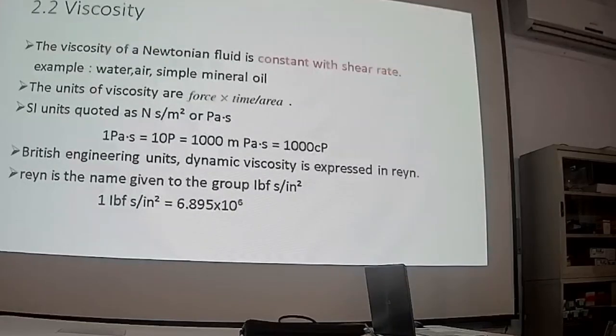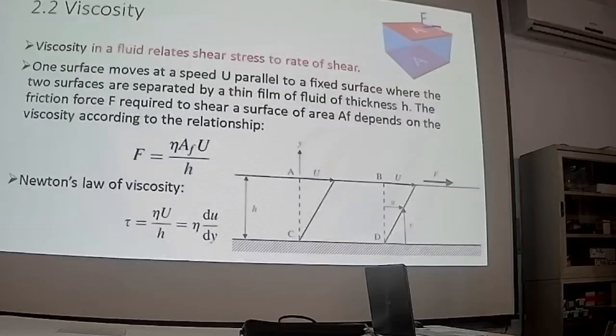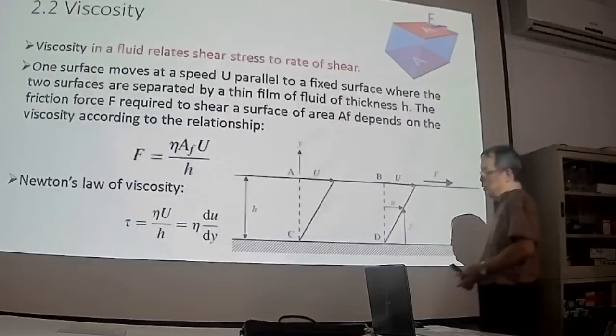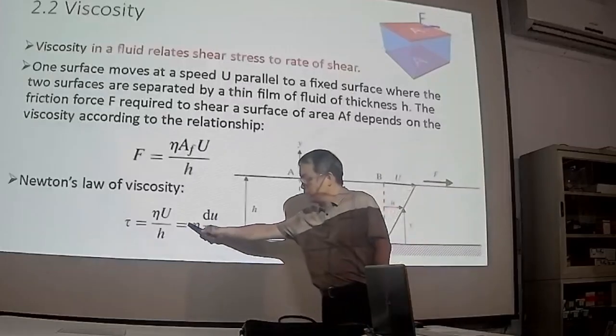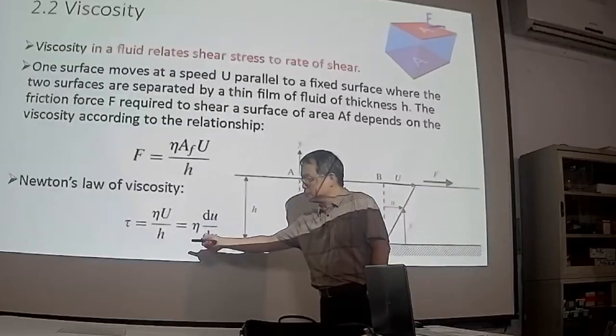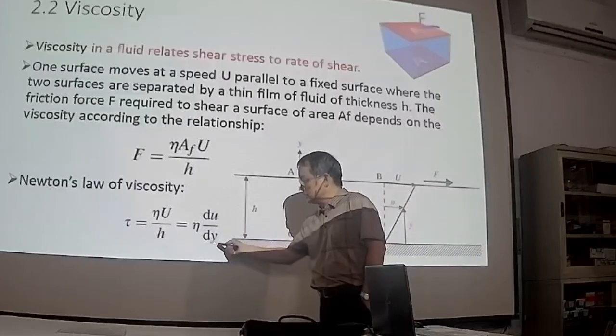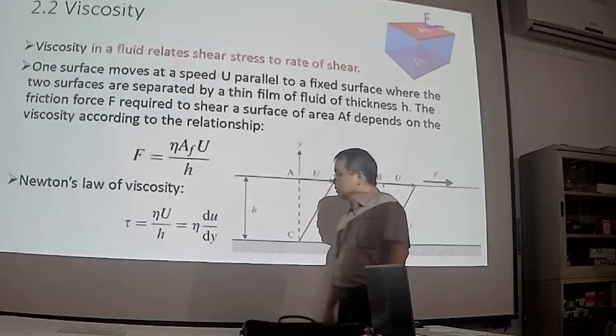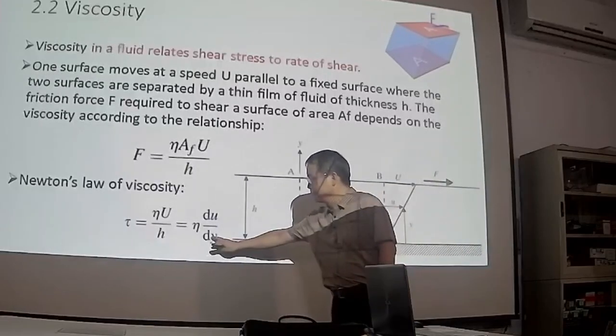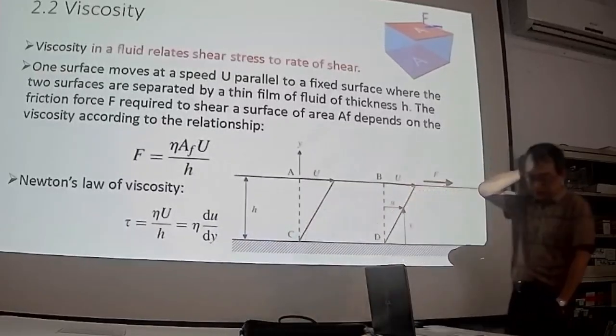The viscosity of a Newtonian fluid is constant with the shear rate, which means the viscosity is related to the shear stress and the velocity distribution divided by the film thickness.